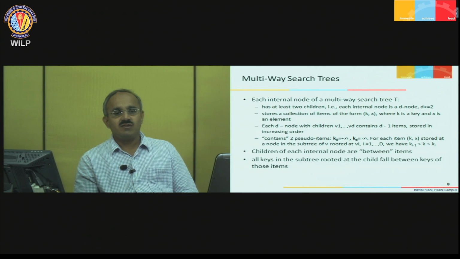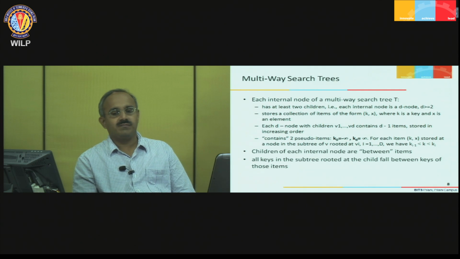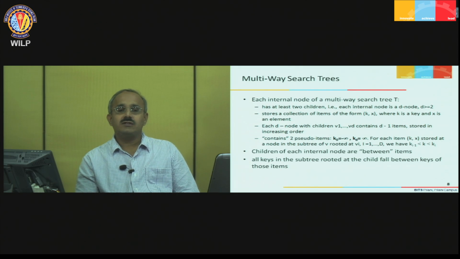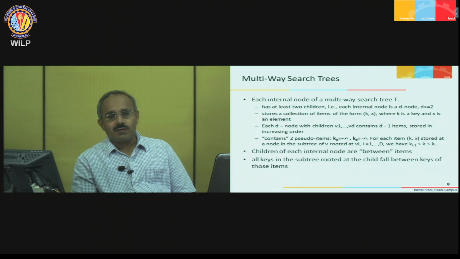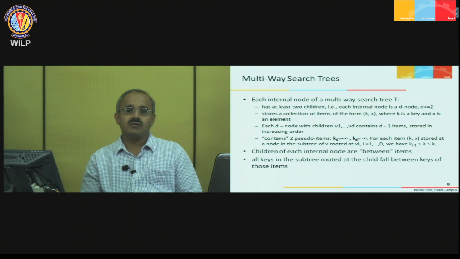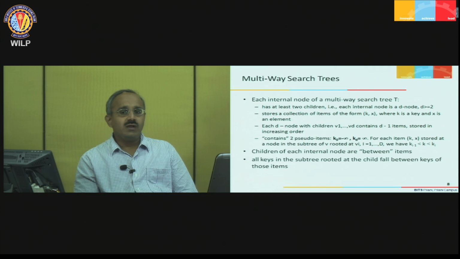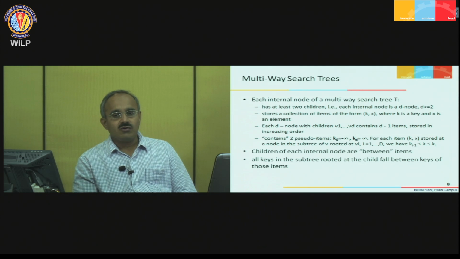Now, D children we are simply labeling them as V 1 to V D, and this D node then is going to store D minus 1 keys, and these keys are going to be stored in increasing order at that particular node. So, this property allows us to store more information at a particular node. Finally, we try to generalize the property of the binary search tree.